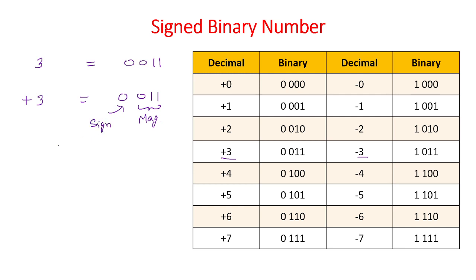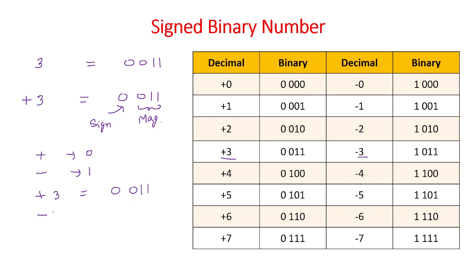So plus sign is represented by 0 in binary and minus sign is represented by 1 in binary. So here plus 3 is nothing but 0, which indicates the positive sign, and 0, 1, 1 indicates the magnitude.